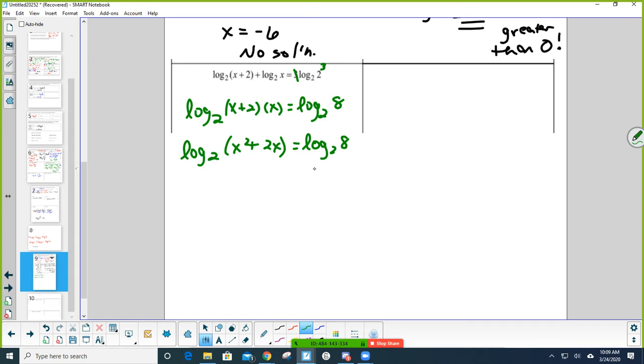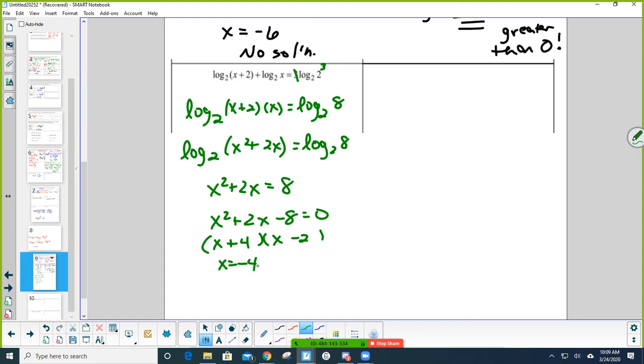So same log, same bases, x squared plus 2x equals 8. Bring it all to one side, to the side where the x squared is positive. So multiplies to give me -8, adds up to give me 2. So I have x equals -4, x equals 2.